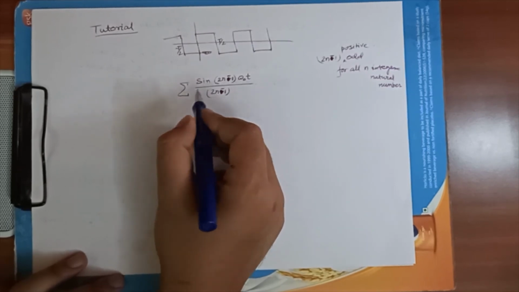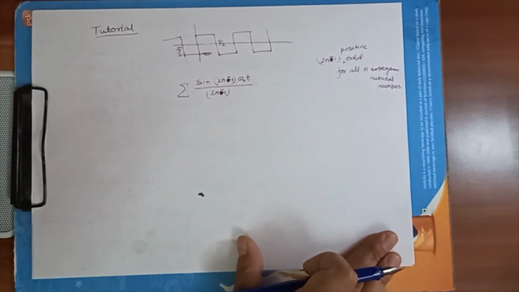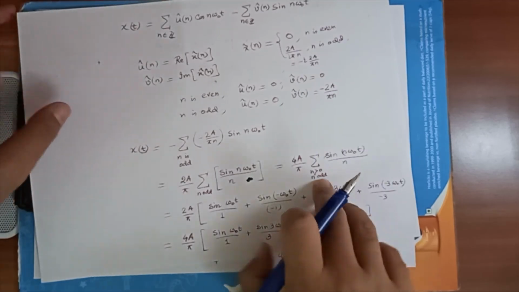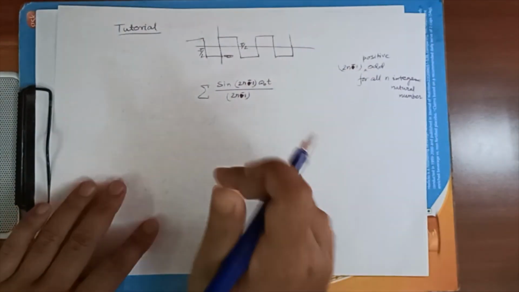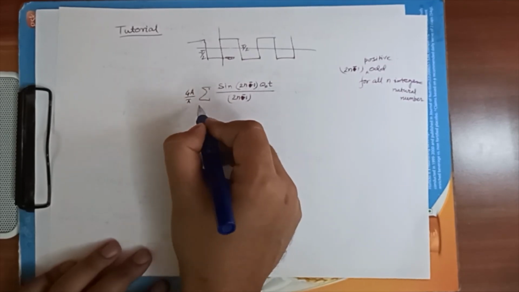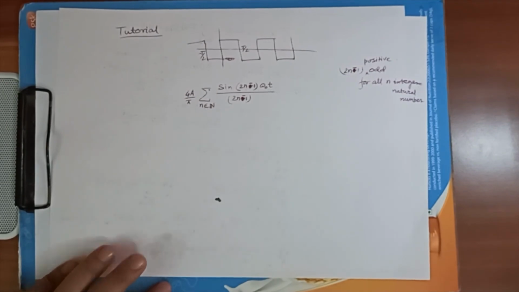So we wanted it for the positive odd. For positive odd, I can replace that by 2n minus 1, and this is 4a by pi, and now I can run for all the natural numbers, n is equal to 1 to infinity.